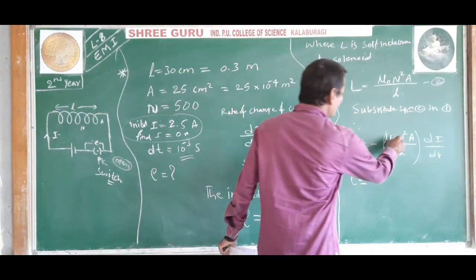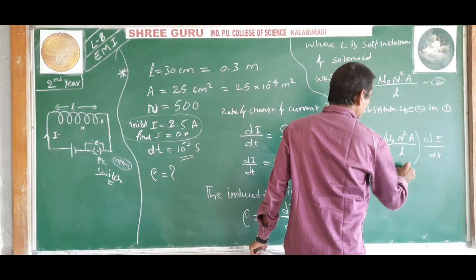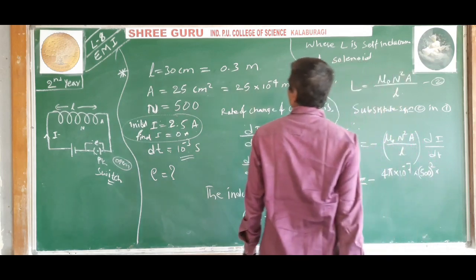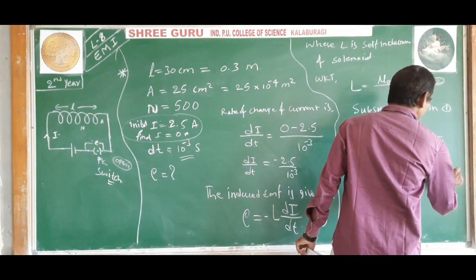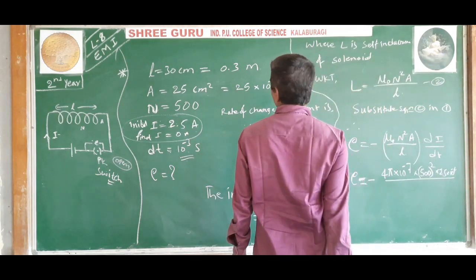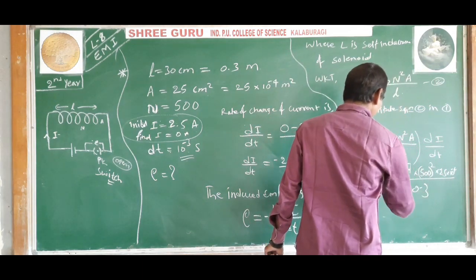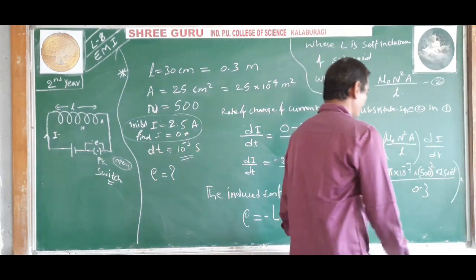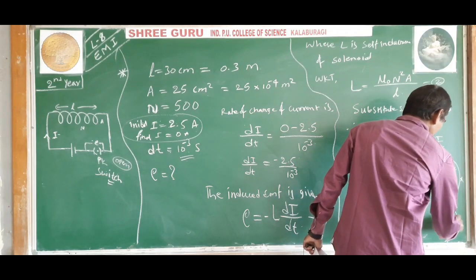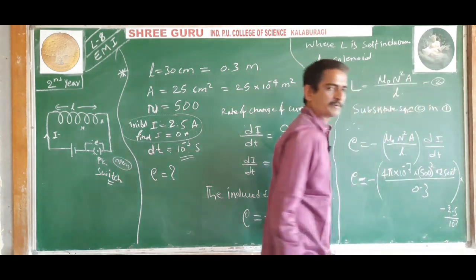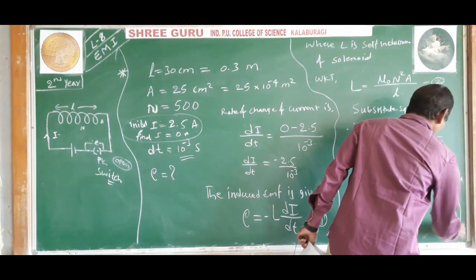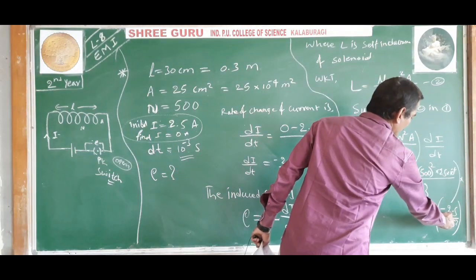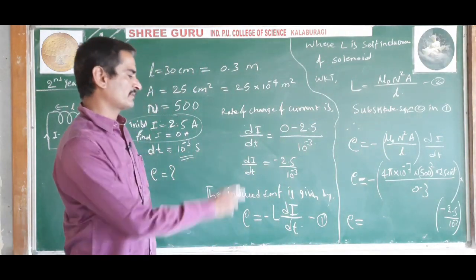We have to remember that the value of mu naught is 4 pi into 10 to the power minus 7, into n square, which is 500 square, and area is 25 into 10 to the power minus 4, divided by L, which is 0.3, and di by dt is minus 25 divided by 10 to the power minus 3. So minus into minus becomes plus, and simplify this.